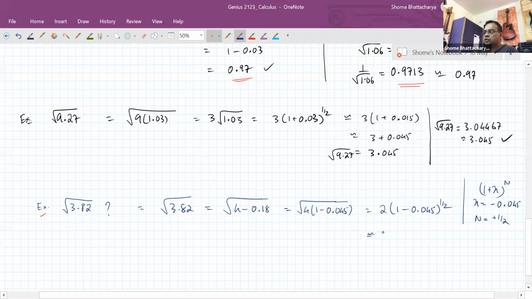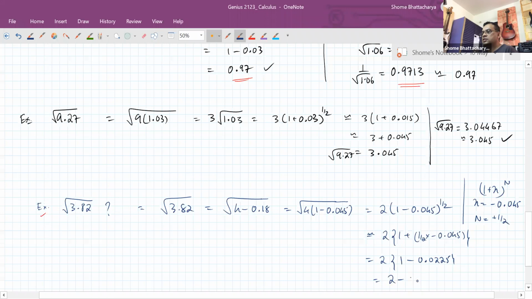Okay? So the next approximation step here will become 1 plus half into minus 0.045. That is 2 into 1 minus 0.0225. Okay. Or actually, when you open the bracket, that 2 just goes out, so it's easier.